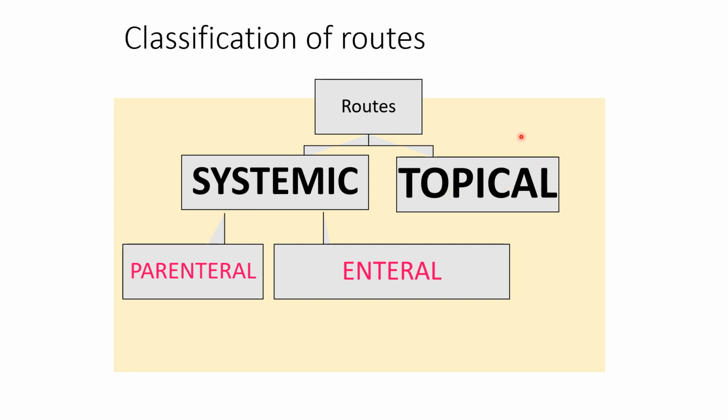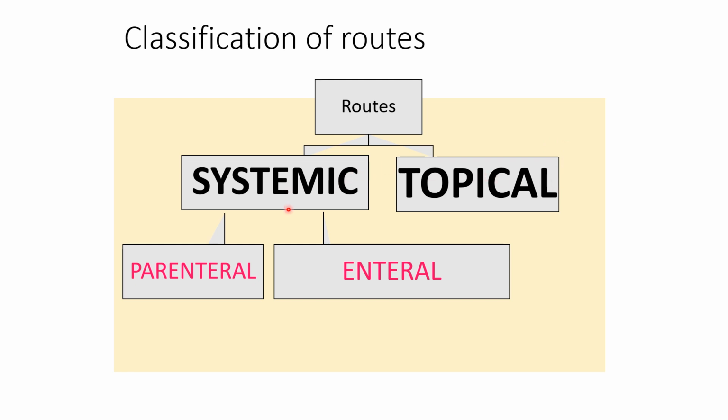Now let's look at topical routes. Here, the intention is that the drug should not be absorbed. Rather, the drug is given for a localized effect at the site of administration.